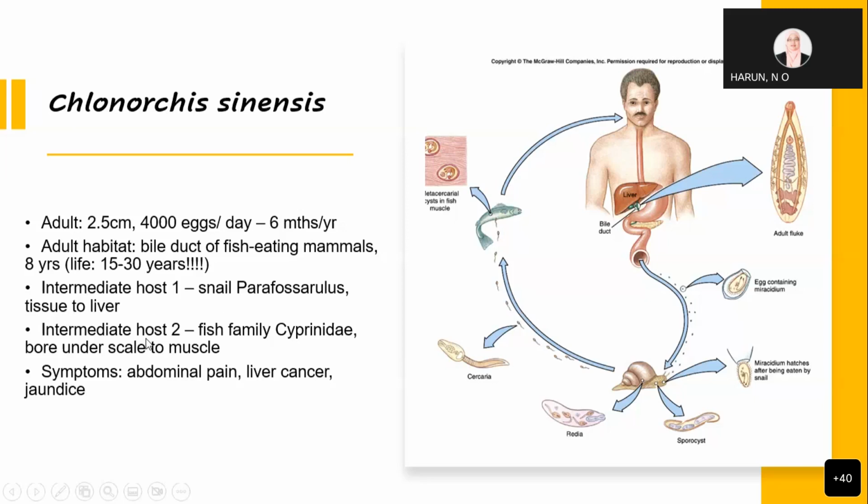For intermediate host two, usually fish of the family Cyprinidae, it bores under the scale to the muscle. Fish have scales to protect them, the same as human skin, but this Clonorchis sinensis will burrow underneath the scale to get into the muscle of the fish. The symptoms are usually abdominal pain, liver cancer and also jaundice, for humans who get this infection from eating raw fish.